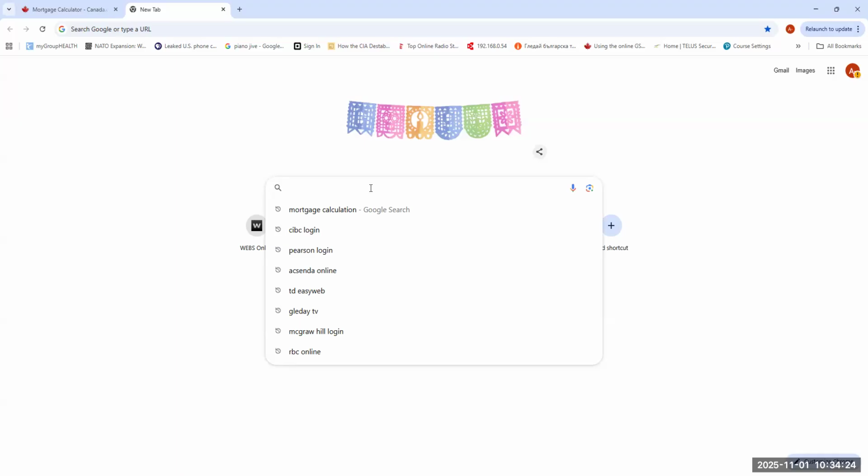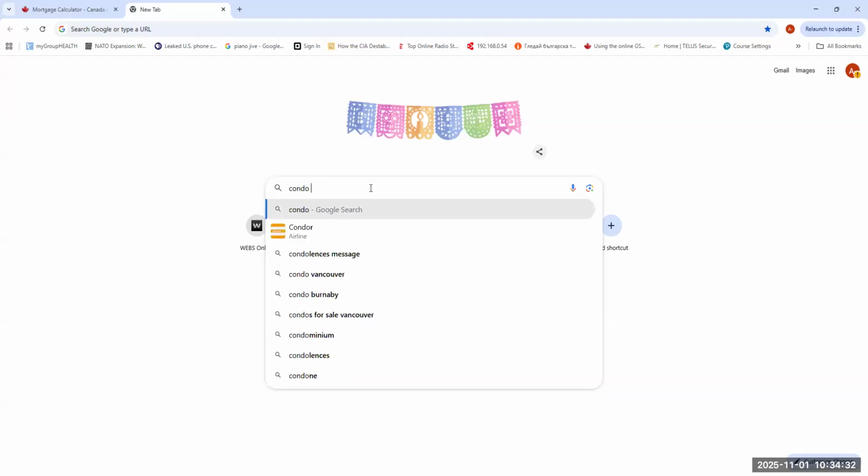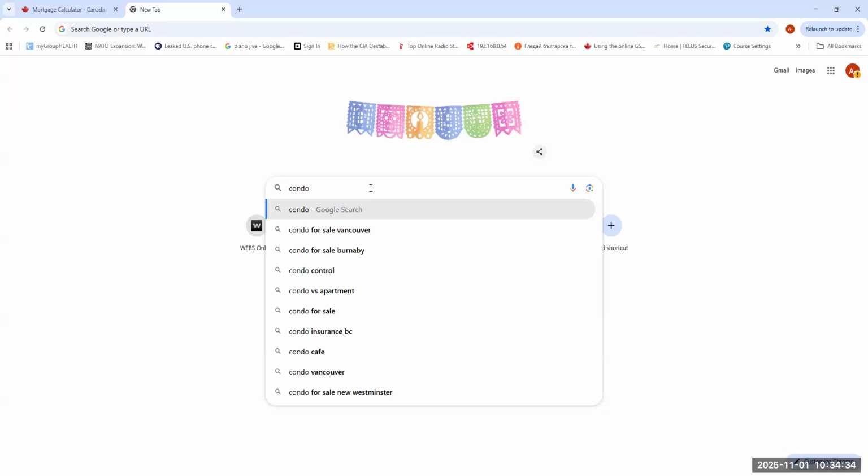Are we buying a condo? Are we buying a townhouse? Or are we buying a house? Apartment. So a condo: 1 bedroom, 2 bedroom, 3 bedroom? 3 bedroom. Where? Vancouver, Burnaby, New Westminster, Surrey, Langley? Vancouver.